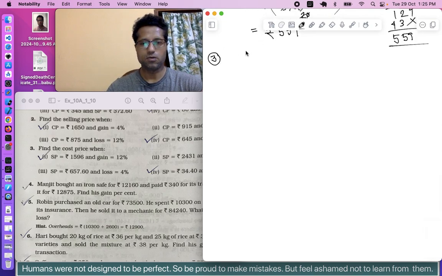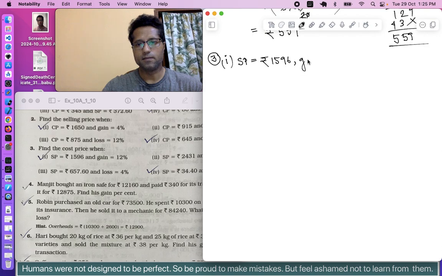We have to find the cost price based on selling price and loss or gain percent. So selling price is given to be 1596 and gain is equal to 12%.